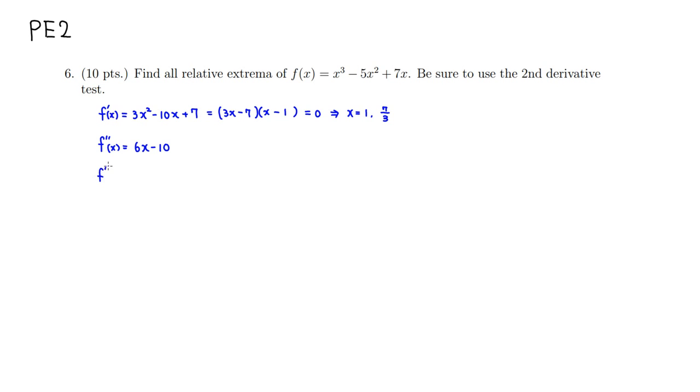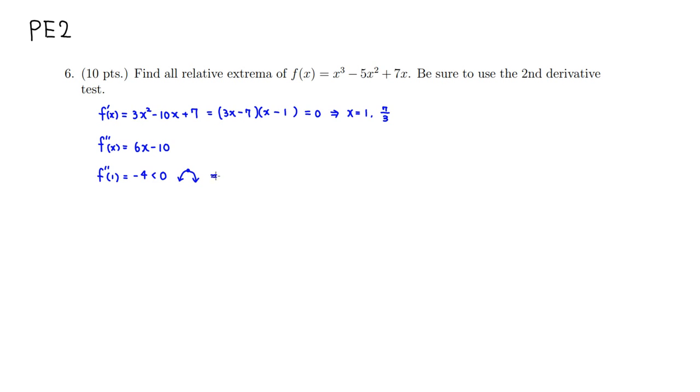So f double prime of 1 is 6 times 1 minus 10, which is negative 4, which is negative. So we know that we have a concave down shape. You have a mental picture of this, and the critical number is right there, so we're talking about the relative maximum.